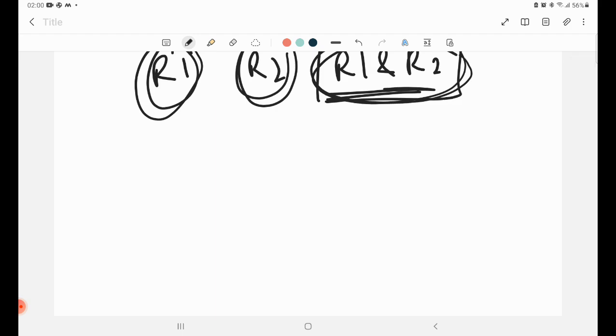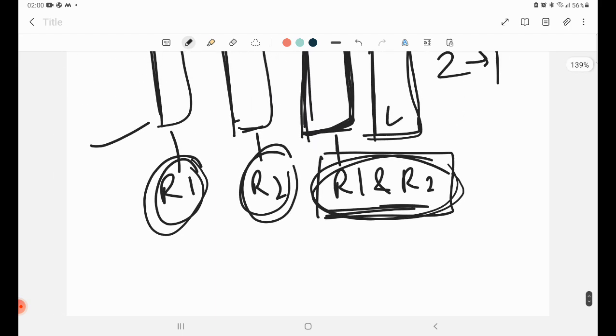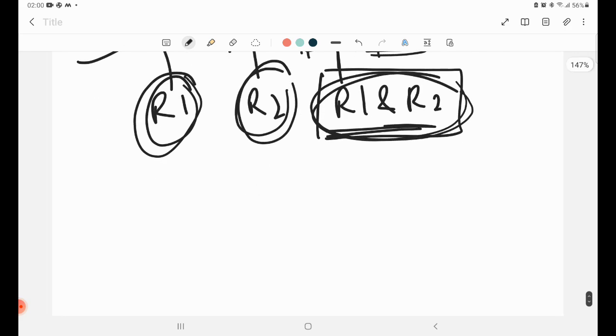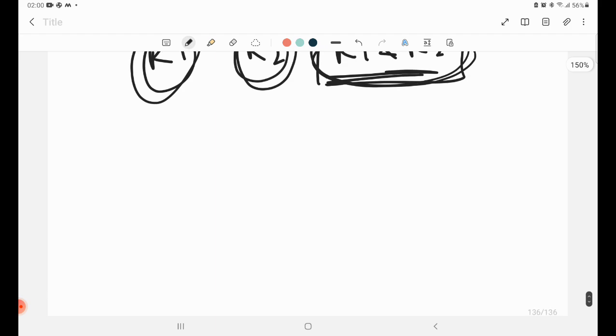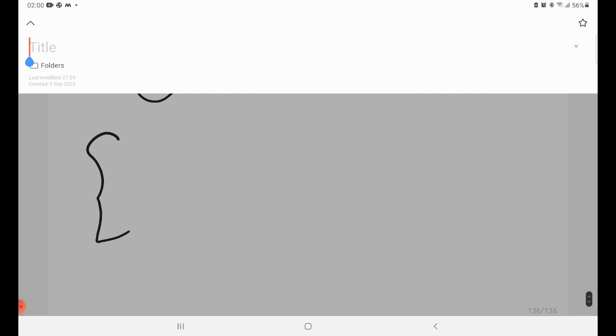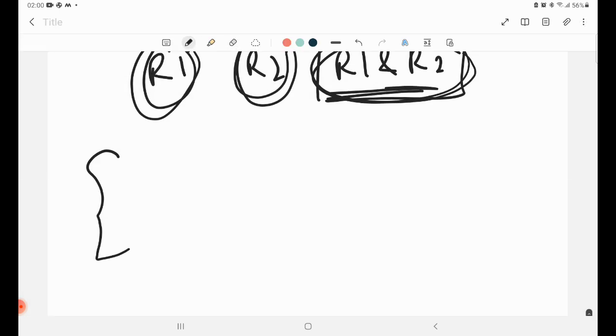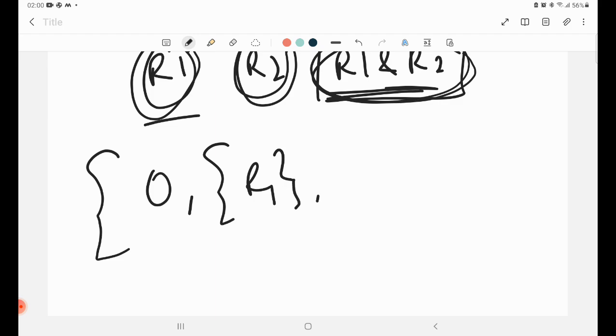So now I'll just write it this way. For this particular bottle, I'm not using any rat to feed it, so let me write it as 0, right? For the first one, let me write R1. For this one, let me write R2.